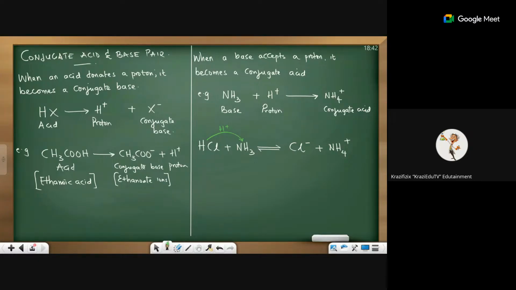So HCl lost its H+ to become Cl-. Now it donates. Because it donates, it is an acid. When an acid donates a proton, it becomes a conjugate base. So what did the HCl become? It became Cl-. So conjugate base.